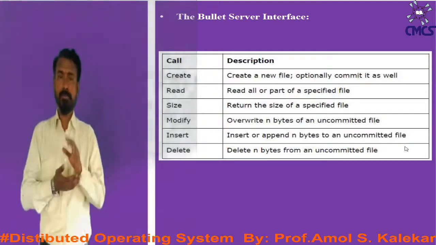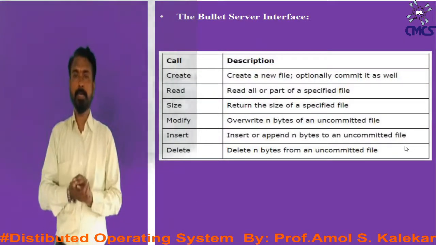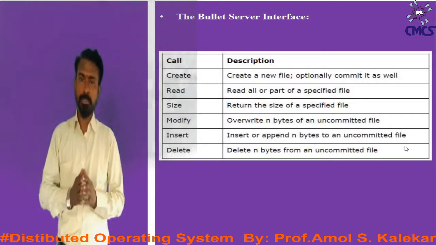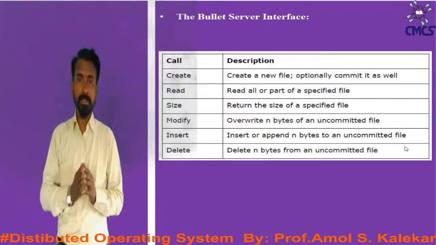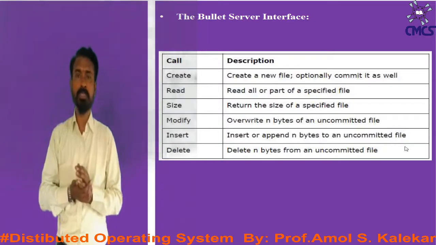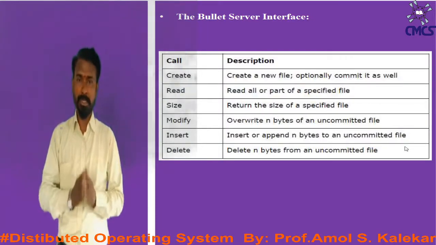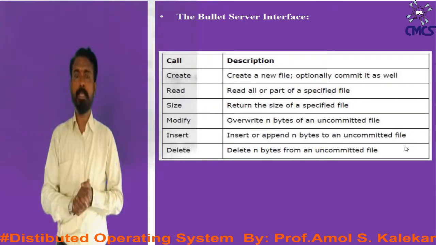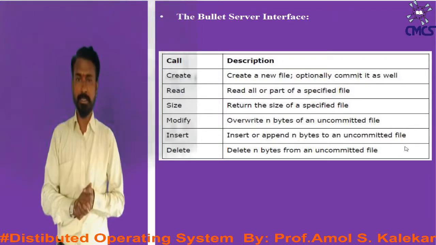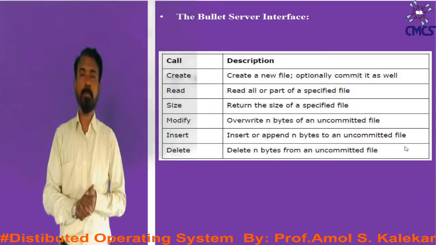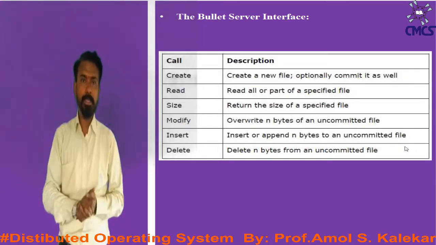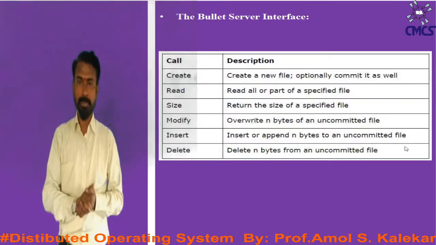Now, we'll focus on the bullet server interface. Dear students, for this we have used a table which has two columns: the first one is the call and the second one is the description. The calls supported by the bullet server interface are, first, create, which is responsible for creating a new file, and optionally commit it as well.